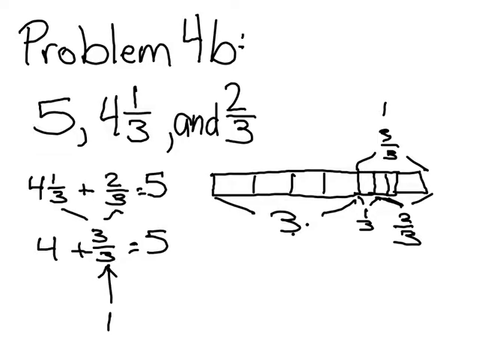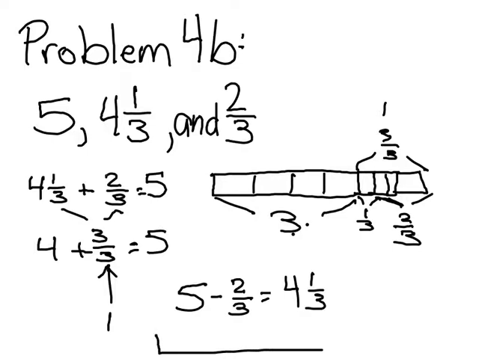Now we can do a subtraction problem, and we can do the same thing here. We can subtract 5 minus 2/3 equals 4 1/3. Take 5. We're going to make one of these into thirds.